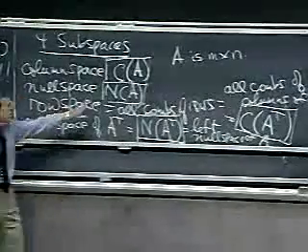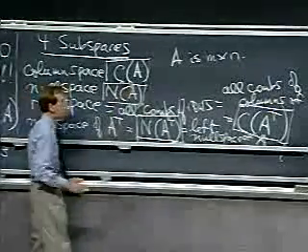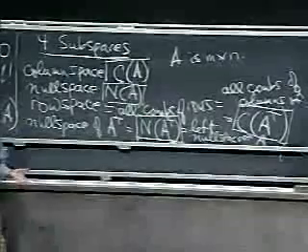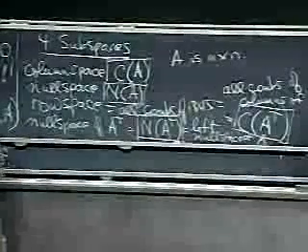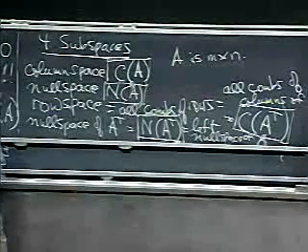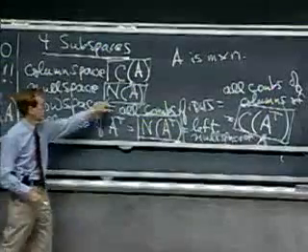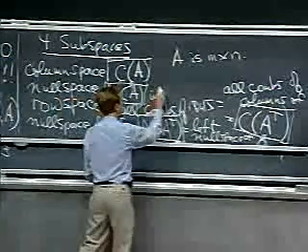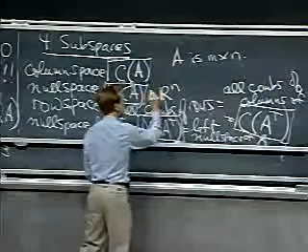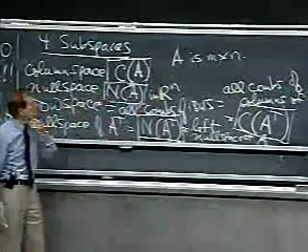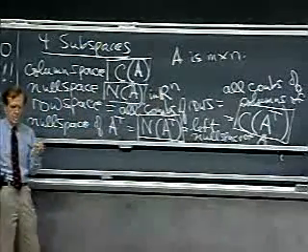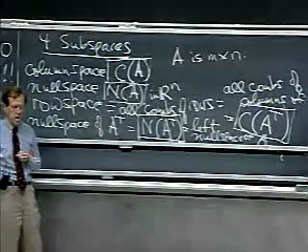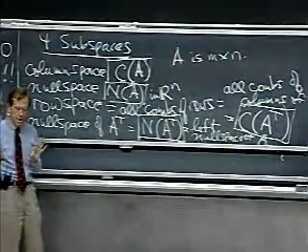In that case, the null space of A, what's in the null space of A? Vectors with n components. Solutions to AX equals 0. So the null space of A is in Rn. What's in the column space of A? Well, columns. How many components do those columns have? m.